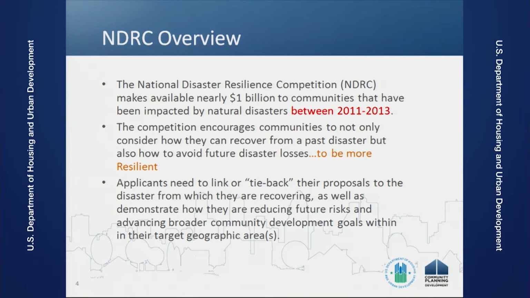In other words, to become more resilient, rebuild in such a way that you're less vulnerable to the impacts of future disasters. Applicants need to link or tie back their proposals to the disaster from which they were recovering, but also demonstrate how they are reducing future risks and advancing broader community development goals within their target geographic areas.